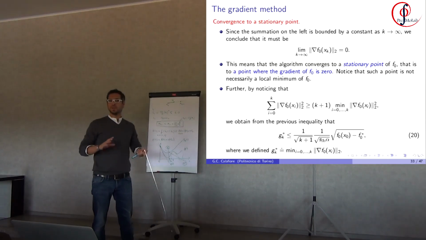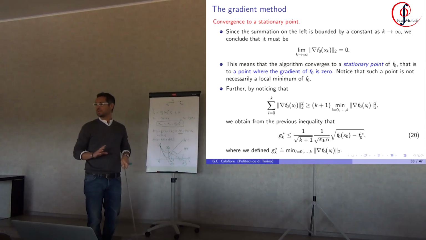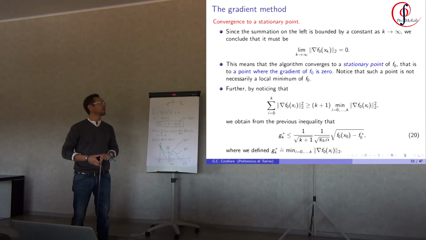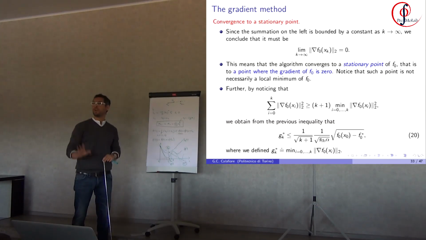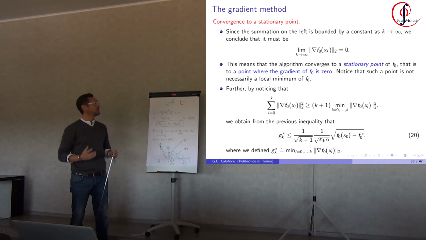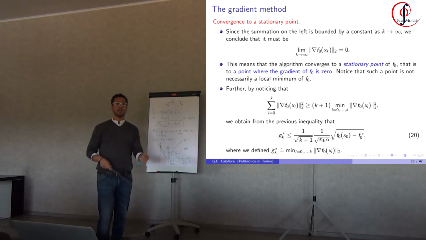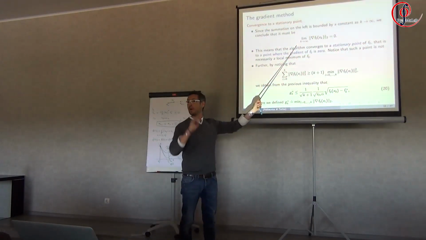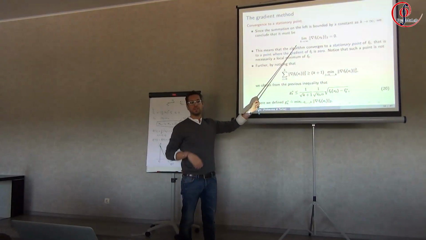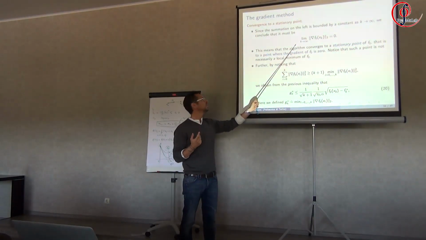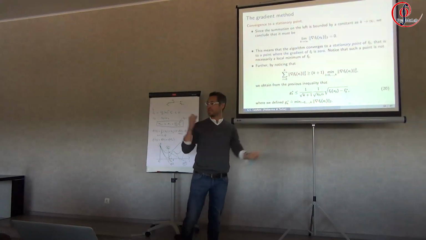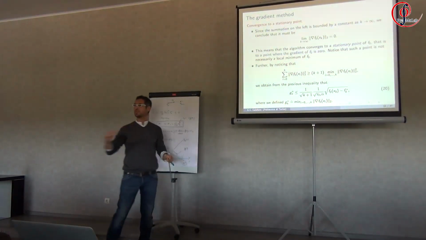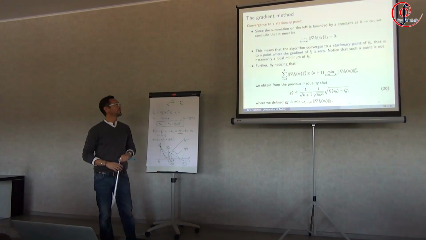So this is actually a first result that we get from the gradient algorithm with no convexity requirement, just Lipschitz continuity of the gradient. And what is the result? The gradient algorithm has this property: if it runs indefinitely, it converges to some point such that the gradient tends to 0. So the sequence of gradients goes to 0.